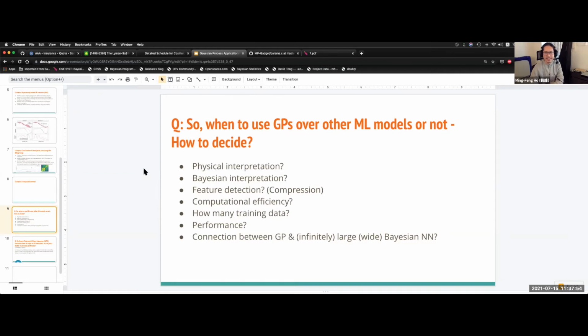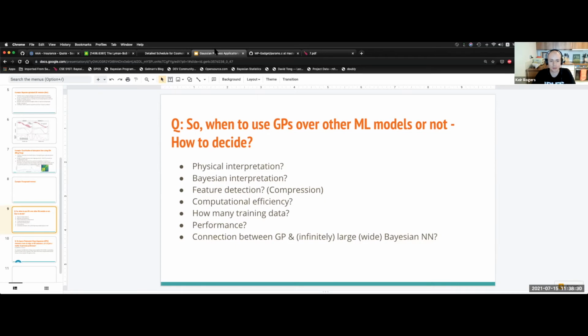I'm very curious about the thoughts from the audience. Kier, do you want to go ahead and lead the discussion? Yeah, well, I put some bullet points there on what the pros and cons of the different models are. And I was thinking of GPs in juxtaposition to neural networks in particular.